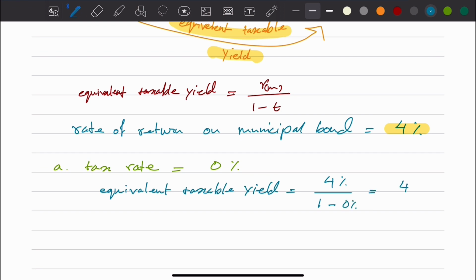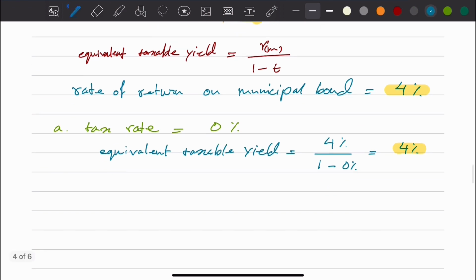So that also equals 4%, which puts both the corporate bond and the municipal bond at the same exact rate of return. So in that case, the investor could invest in either one of these.